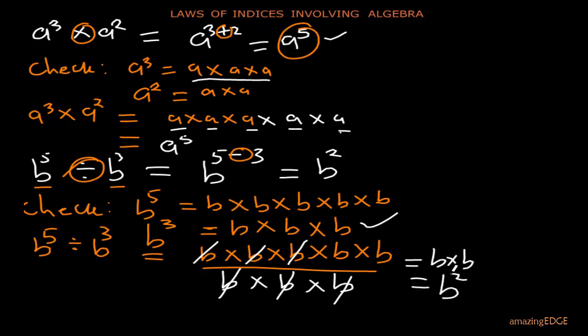And that agrees with the result we have gotten here. So we verify that this is true, but we don't need to be repeating this in the subsequent examples. We just want to show this to indicate that the results we get in the law of indices are correct.